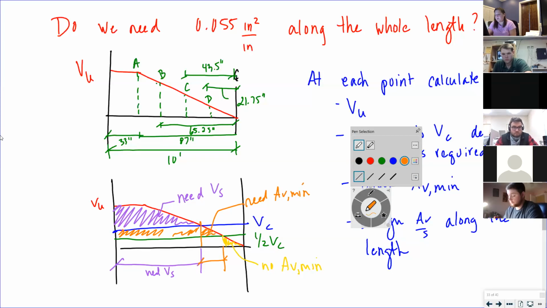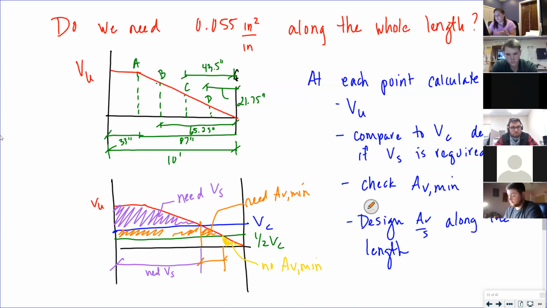Over this little length, you don't need it for strength because your concrete has enough strength, but AV min requires you to have at least something if you need more than half of your concrete strength. Over this length, you need AV min.